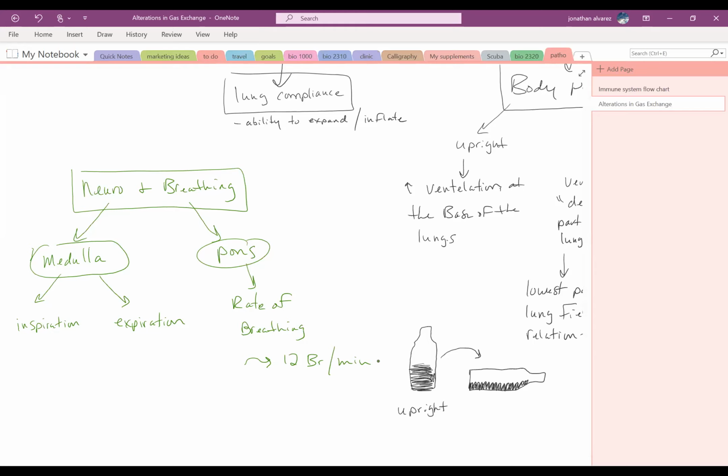And then once you start running or exercising, because of the changes in gas exchange and oxygen and CO2 demands, the spark to the brain goes up, right? So as a result, you breathe faster. So that's one of the reasons why the rate of breathing changes once you start exercising.